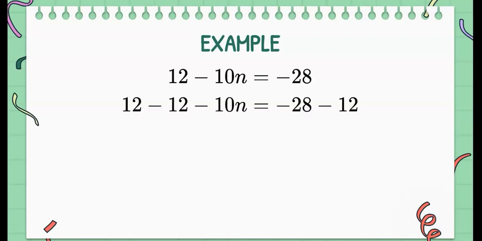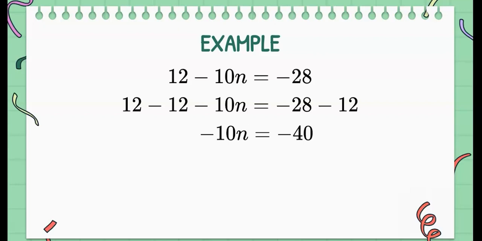So I am subtracting 12 from both sides. On the left side, 12 minus 12 cancels out, leaving us with just negative 10n. On the right side, we combine negative 28 minus 12, and this leaves us with the equation negative 10n equals negative 40.